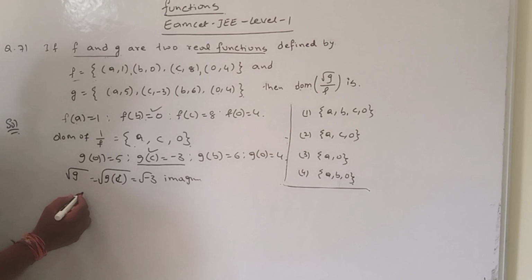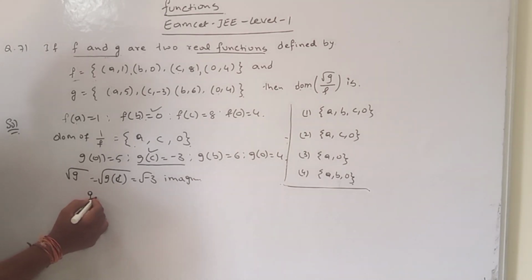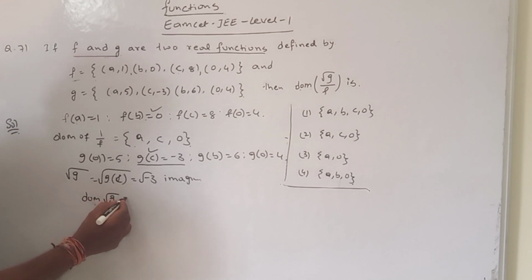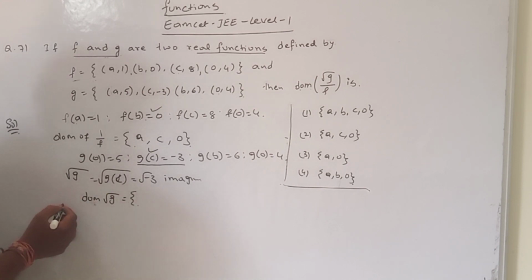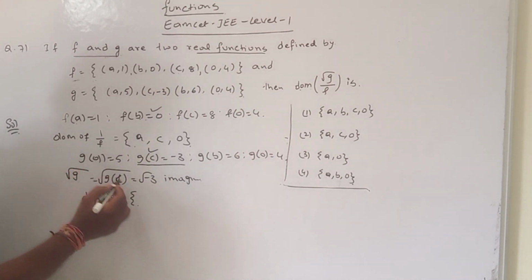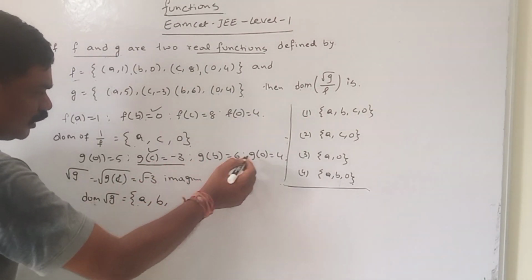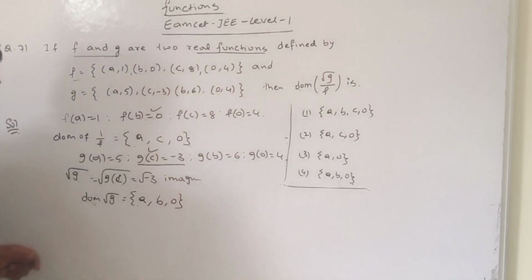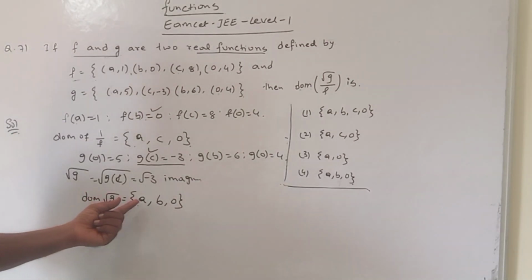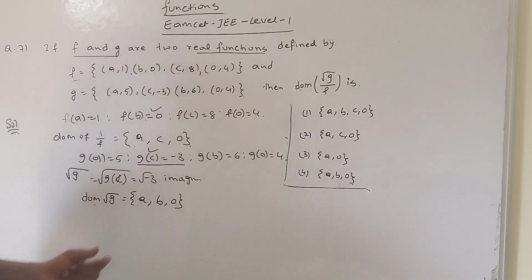Then we take the domain. Domain of root g is equal to what? Set of a, okay, and not c, b okay, 0 okay. So the domain of root g is the set of a comma b comma 0.